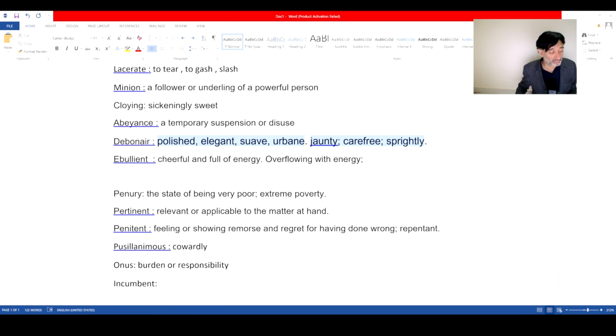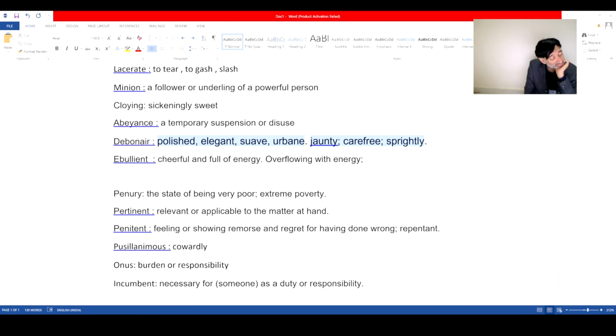Necessary for someone as a duty or obligation. Sometimes you might use it in a different way, right? You might use it as a noun in the sense of a holder of an office or a post.